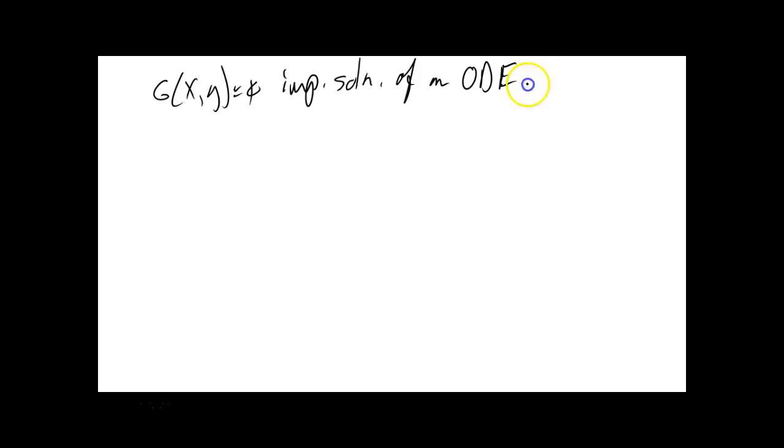Remember, that was your F. And remember, the F was also F of x's and y's. We just said F. Well, it was F of lots of things: x, y, y prime, all the way up to y to the nth.